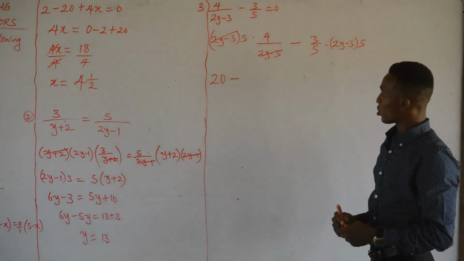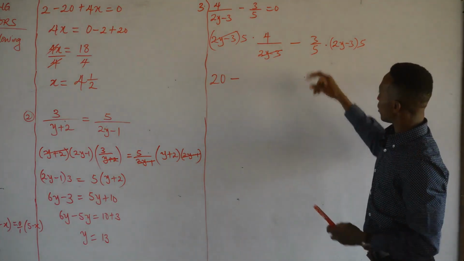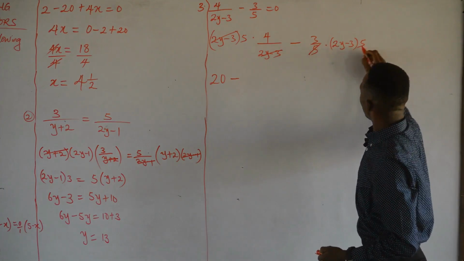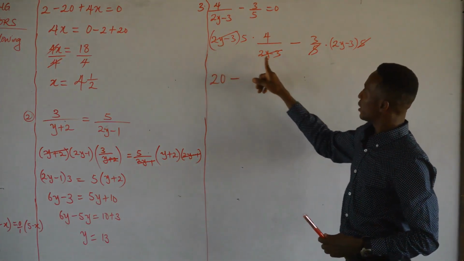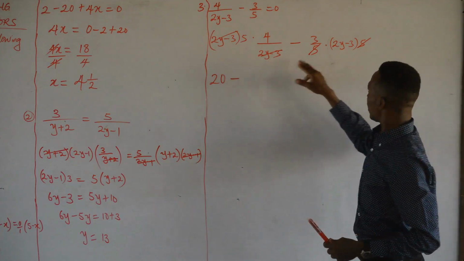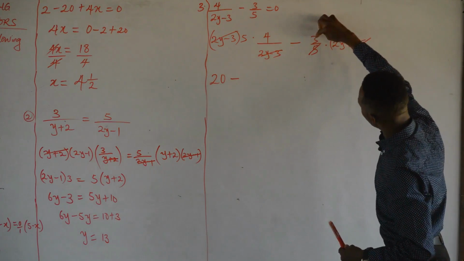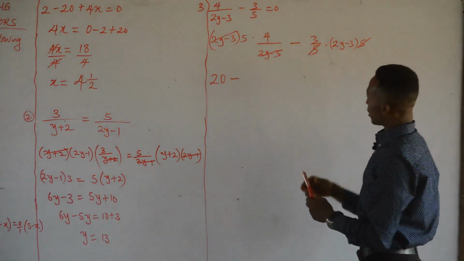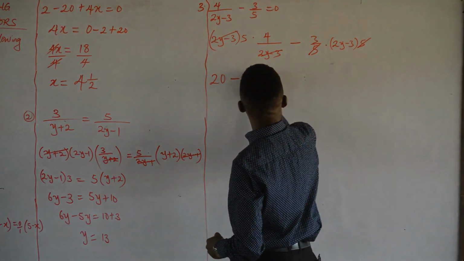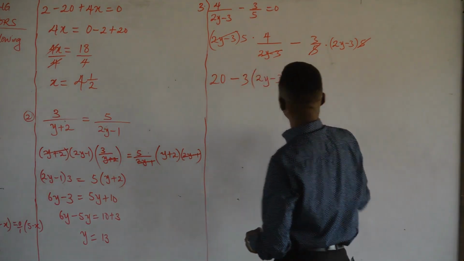Now I look out for what is common here. 5 and 5 is common from both sides, so I can cancel out the 5 and the 5, and also cancel out 2y minus 3. So what is left for me now is 3 into bracket 2y minus 3. Then I'm done with that.